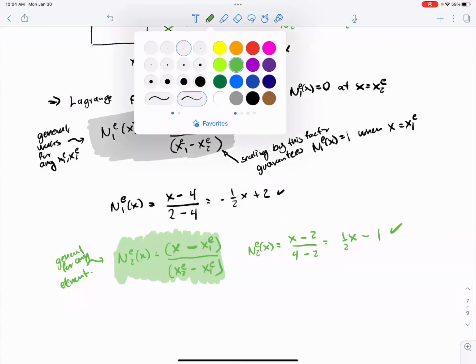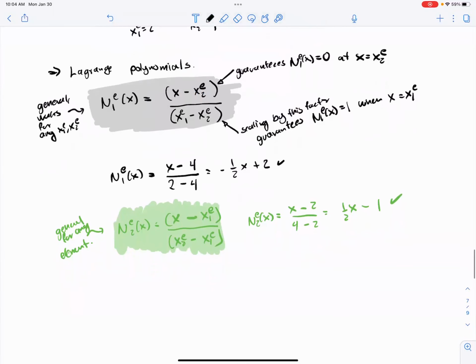And using these two functions, I can interpolate basically within the element. It's just any function given two values. Let's just do that.